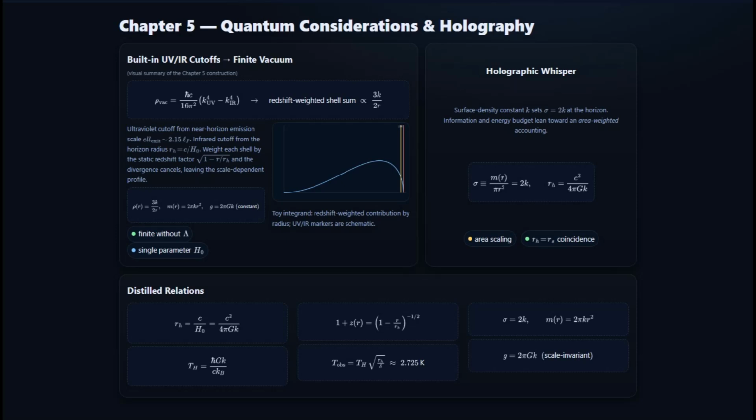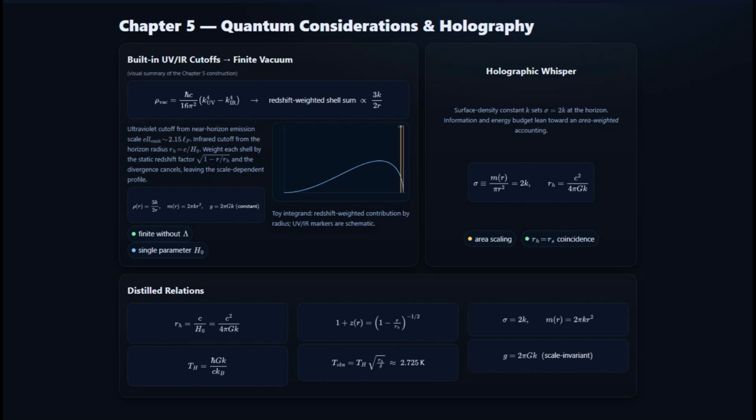So this mirrors the holographic principle. There's something there. Our horizon contains the coupling constant. I think it's actually 2 times the coupling constant, or it's divided by 2. I should have looked this up real quick. I just thought about it because I got to the end of the chapter and there was nothing about the surface density.